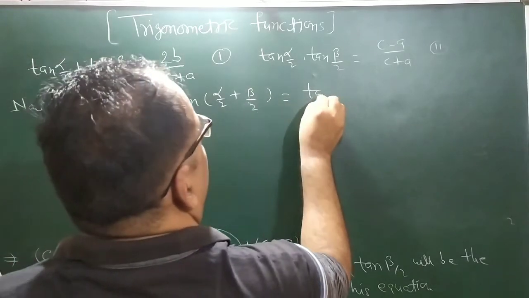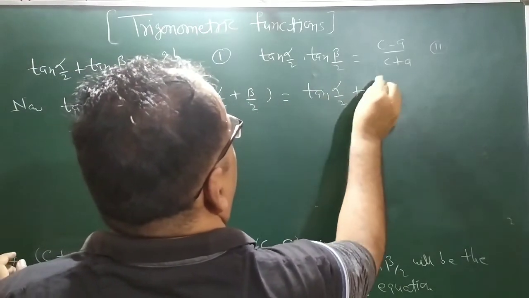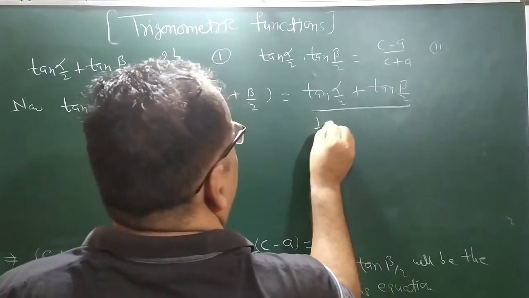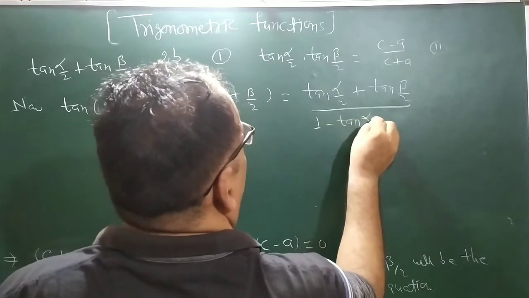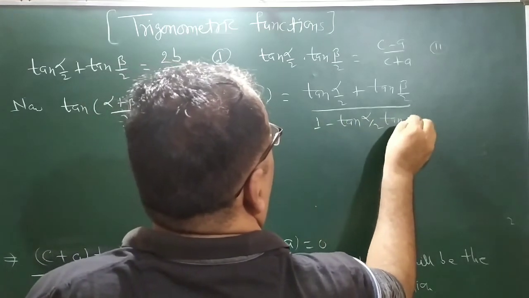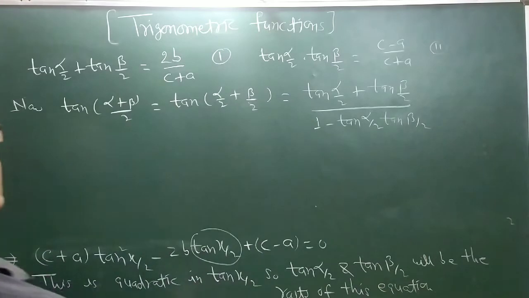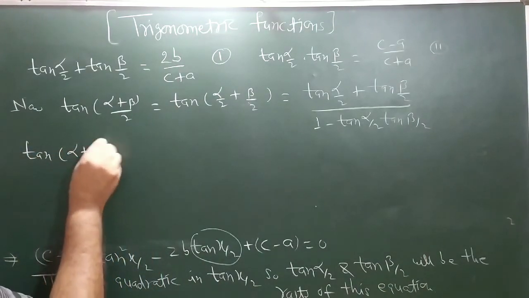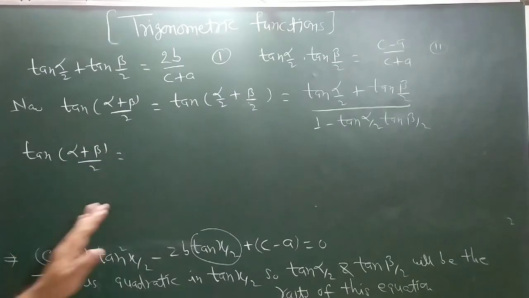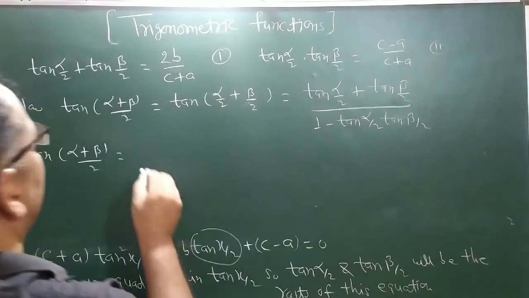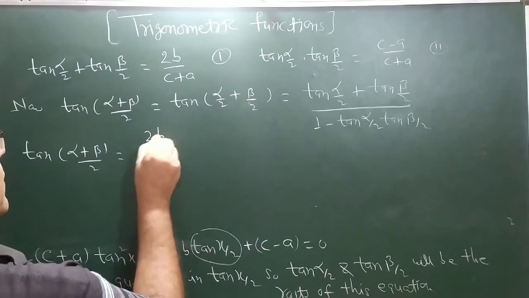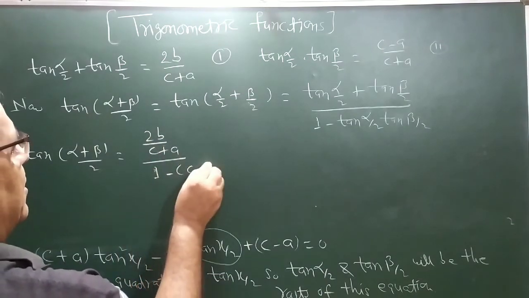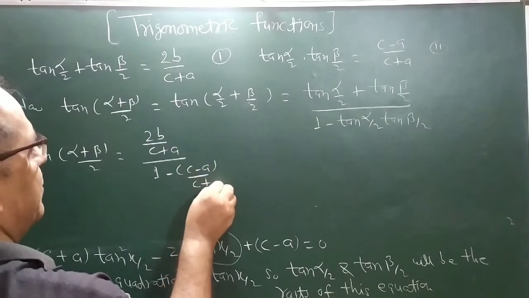This becomes tan(alpha/2) plus tan(beta/2) upon 1 minus tan(alpha/2) tan(beta/2). Put the values of this and this. So now we have 2b upon c plus a upon 1 minus (c minus a) upon (c plus a).